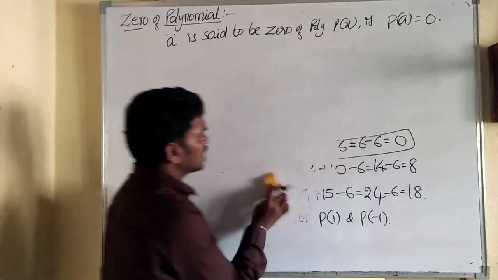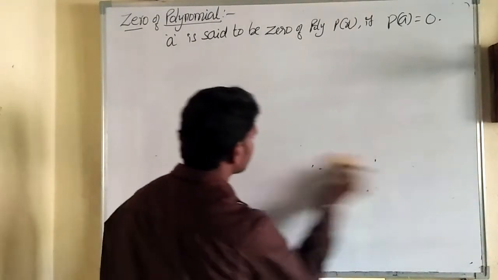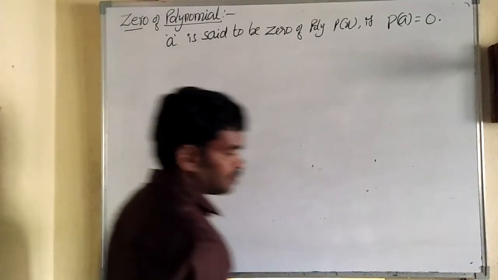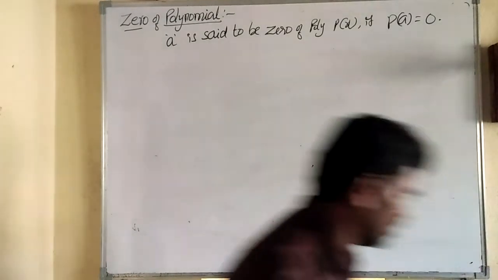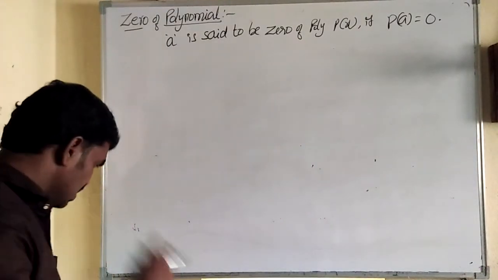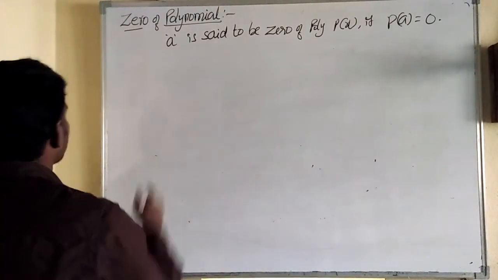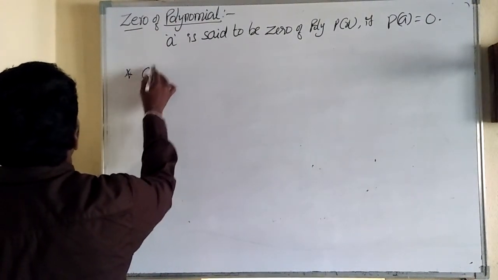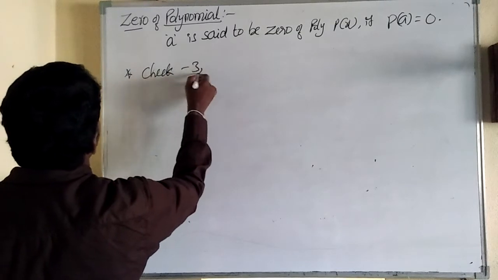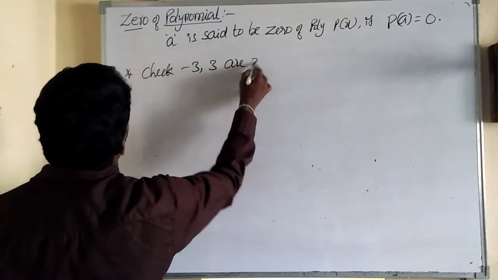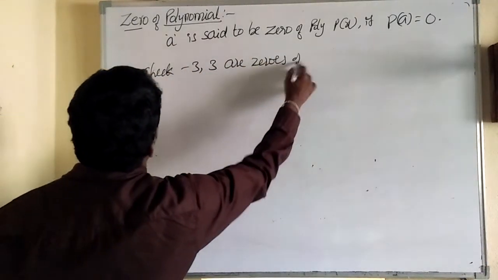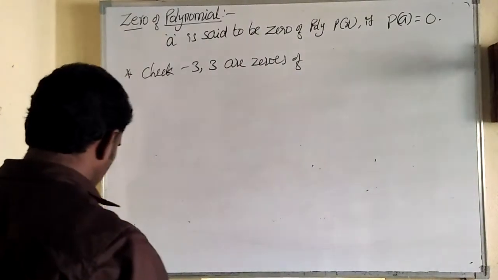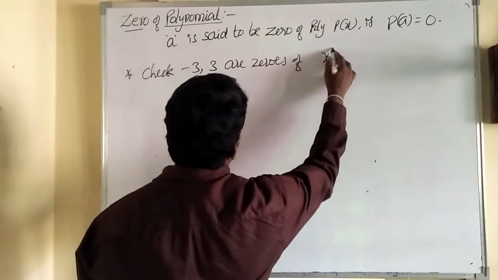Next, let us see, do this. Check whether minus 3 and 3 are zeros of x square minus 9.